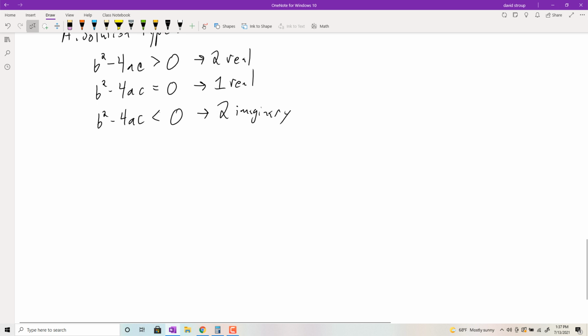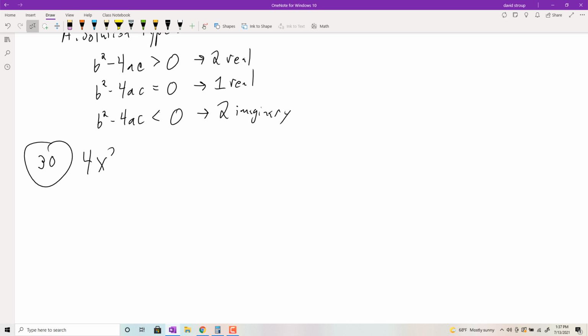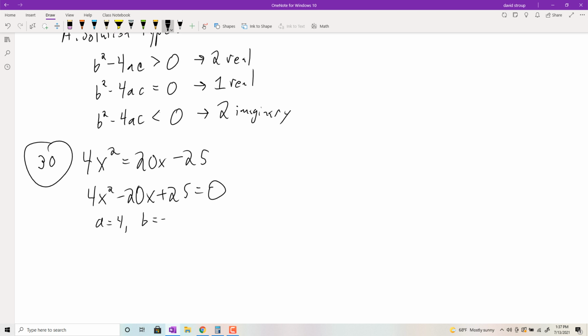So for example, number 30, we have 4x squared equals 20x minus 25. They want to know how many solutions and the type of solutions that you're going to get. So first, you still have to move everything to one side. Then we can identify our a, our b, and our c.